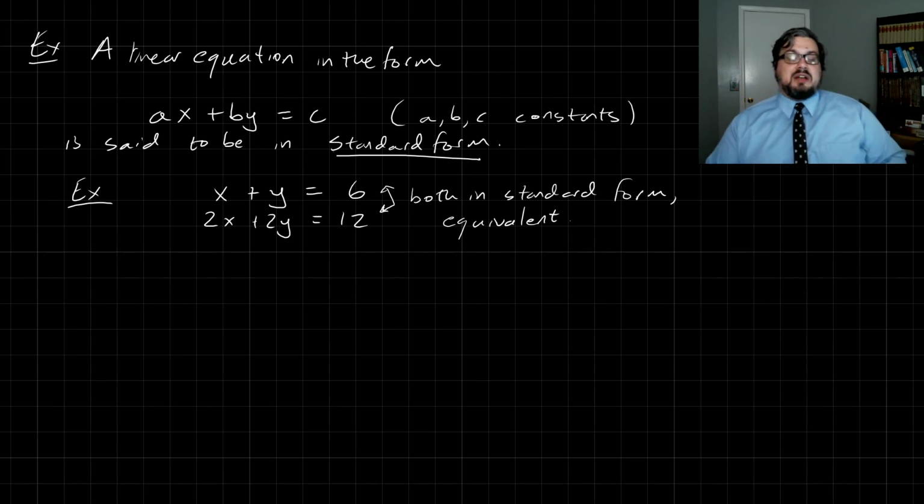Notice that I've just gotten one from the other by multiplying everything by 2. So in fact, they're going to have the same solution set. They're both in standard form, and so that's fine. We don't make any bigger a deal out of it than that.